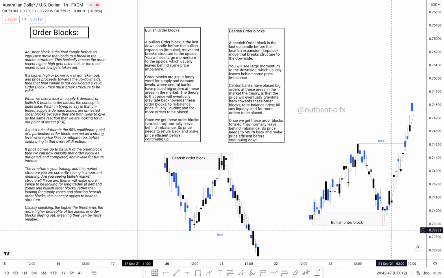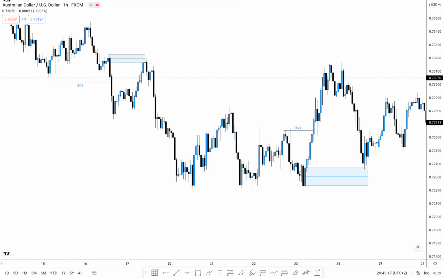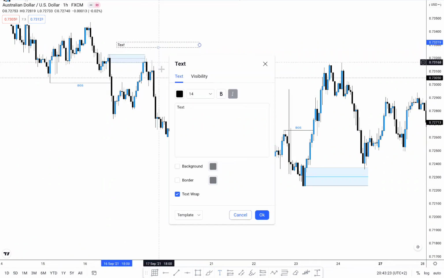So now let us get into the live markets and charts and see what these bullish and bearish order blocks are and how they react to the market. Okay, here we have an example of a supply zone / bearish order block. So I'm going to write that down, supply zone, and then put in bearish order block.